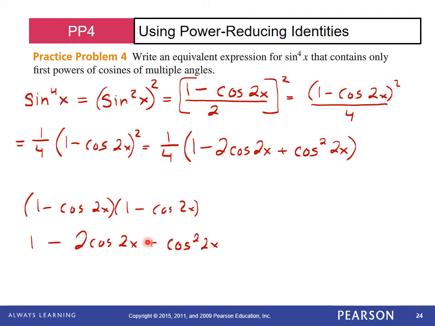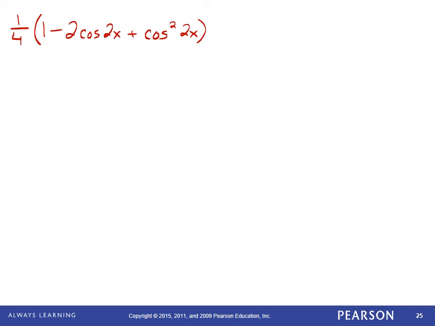All right, and everything's great except for this part right here, cosine squared. Got to reduce that down some more. So let me rewrite this here on the next slide first. All right, so there it is. It's rewritten as it was on the previous slide. And now let's use the power reducing formula for this term right here.